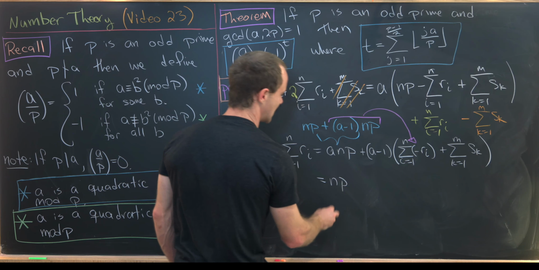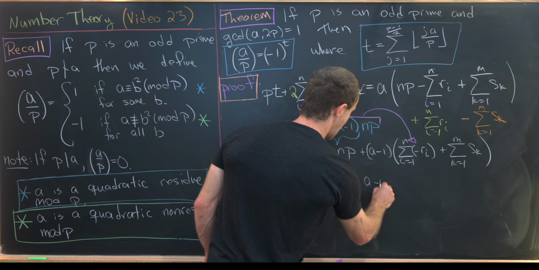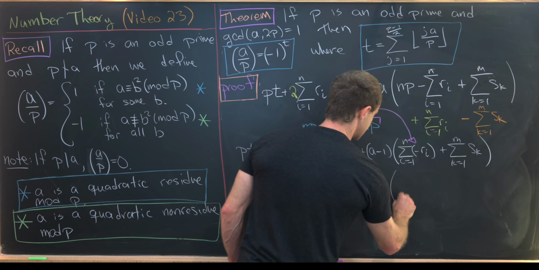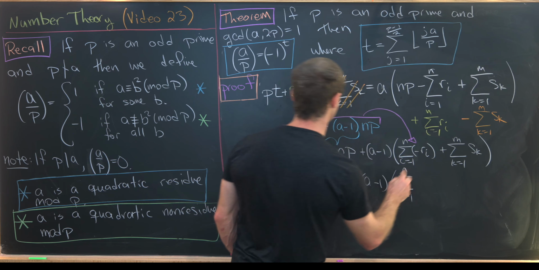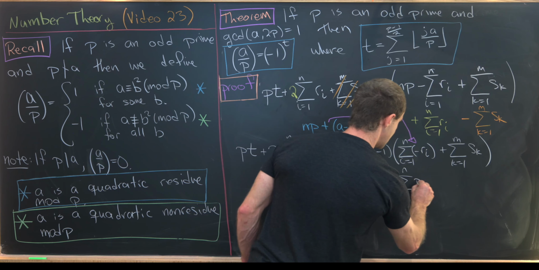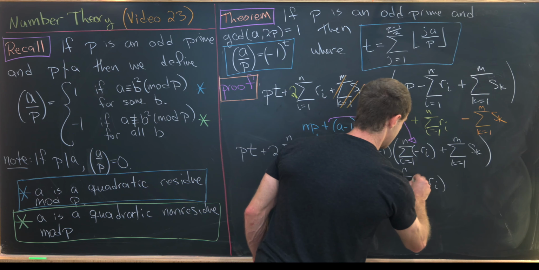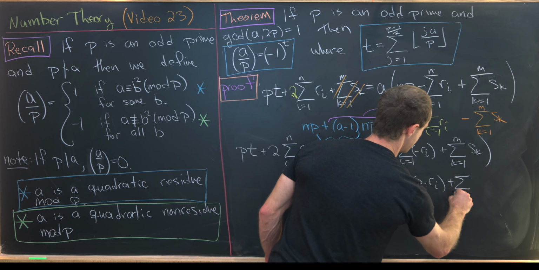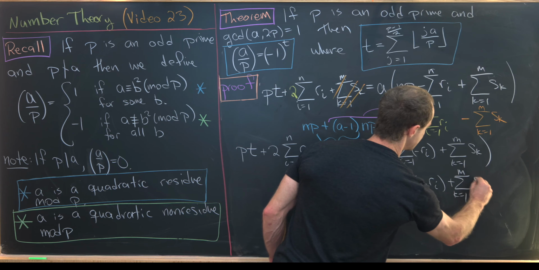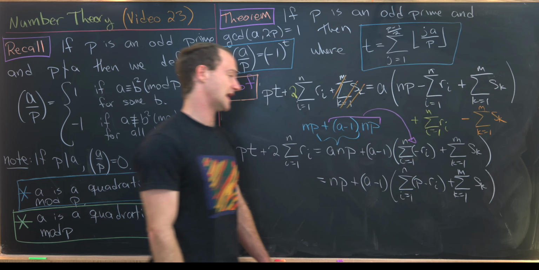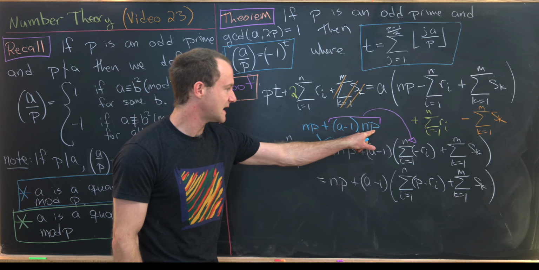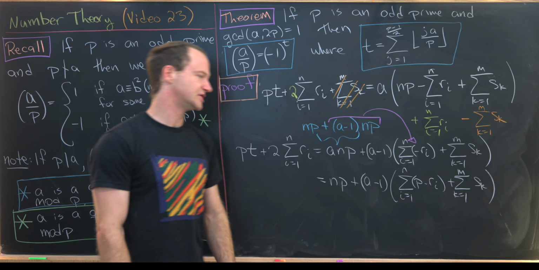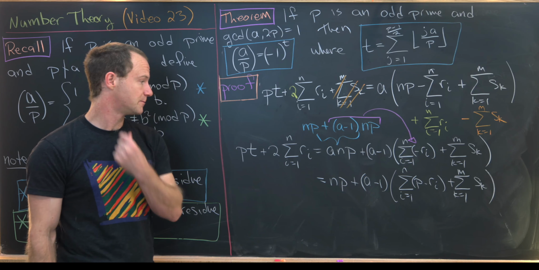Now we'll have n times p plus a minus 1 times the quantity, the sum as i goes from 1 up to n of p minus ri plus the sum as k goes from 1 up to m of sk, where I just took each of these np's and put it in each of these terms from this sum.